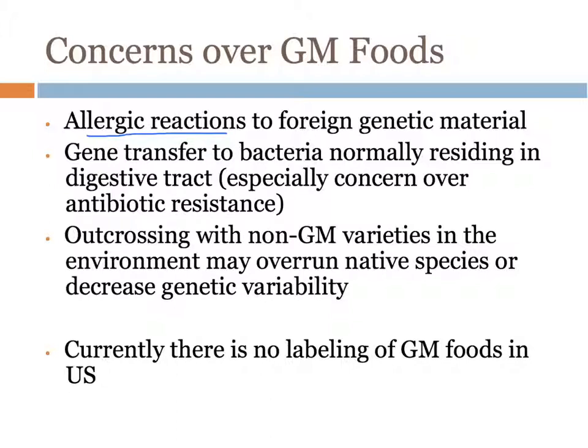So that's the concern, that the foreign genetic material will cause an allergic reaction where it never was expected. There's also the concern about gene transfer to the bacteria that normally reside inside our digestive tracts, because as I said, bacteria will pick up plasmids very easily, and bacteria in bacteria colonies spread antibiotic resistance through the community very easily. And the fact that antibiotic resistance has been used as a marker in many of these initial trials of GM foods.